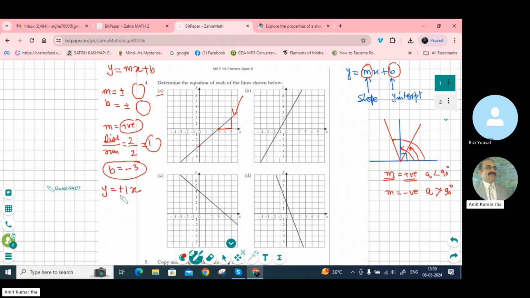M is positive, so positive 1, then x, and b is minus 3. Your final answer will be y equal to 1 times x, which is x minus 3. Hope that makes sense to you. Yes, I got it. So in a similar way, you can do the rest of the questions and write the answers.